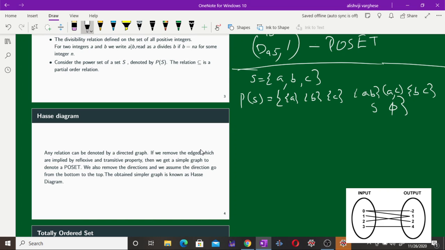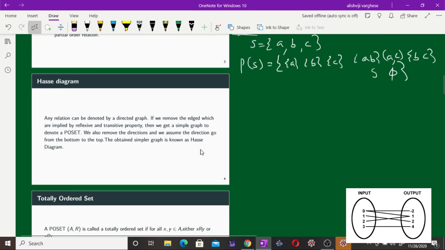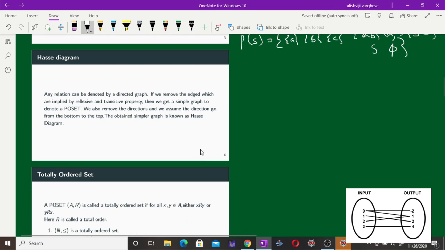And we can use a graphical representation to represent this subset relation defined on the power set of S. The relation can be represented using a graph like this. So the elements of P of S can be represented using dots.